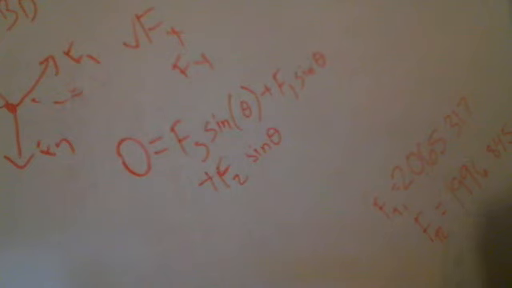Plus force 1, which is 2065 point. Actually, I have it stored in my calculator as a number. Sine 45 plus force 2 sine 43. And actually on my calculator it says I am off by 536, so I messed up somewhere. What did I mess up on? Yeah, it's in the green mode.